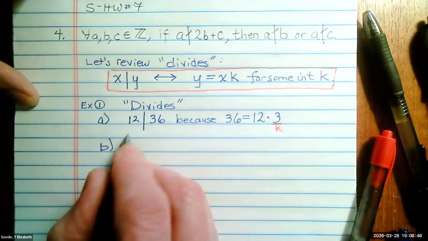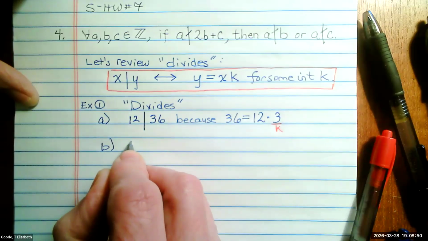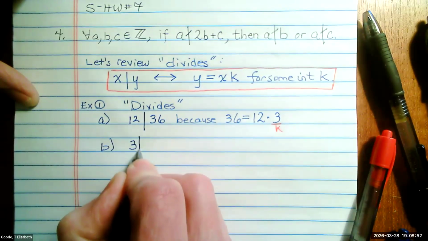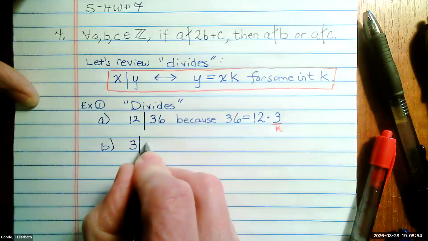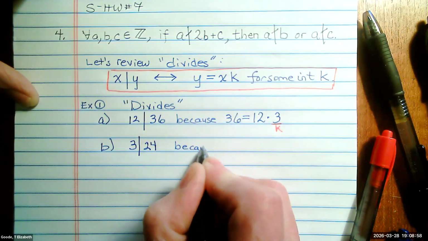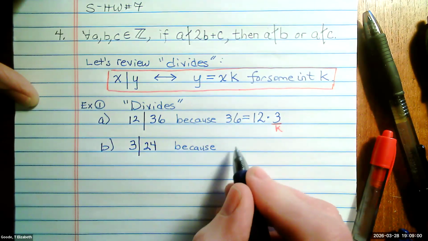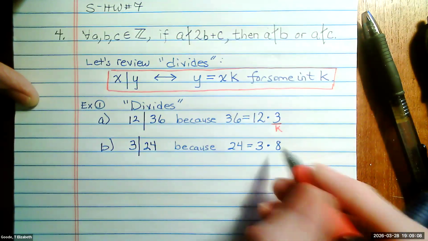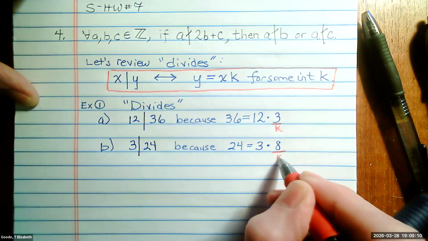Let's do another one. 3 divides 24 because, and you tell me why. Because 24 equals 3 times 8. Perfect. So the 8 is playing the role of the K.